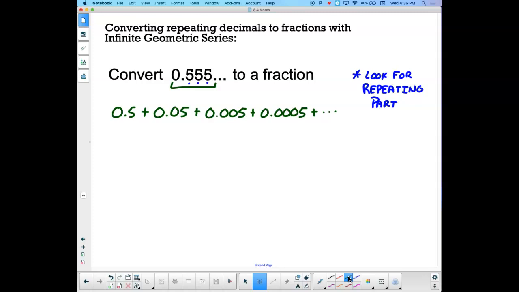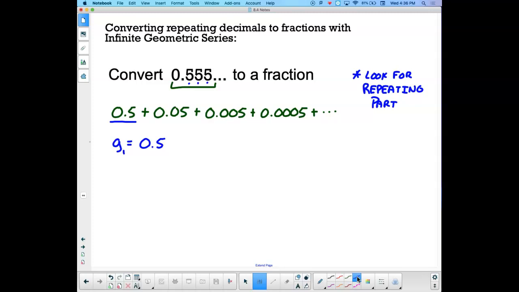Now what I have is an infinite geometric series. And so what we can say is the very first term in our infinite geometric series is 0.5.